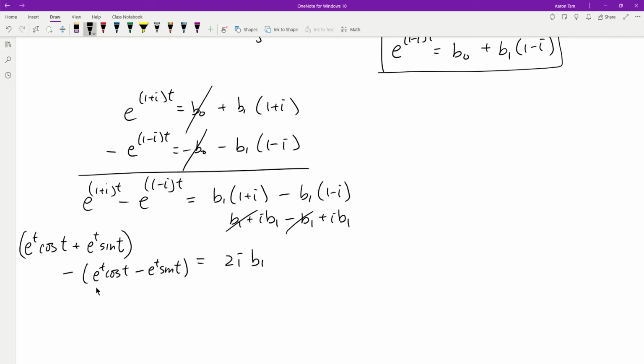The e to the t cosine t just gets cancelled out. Oh, and I forgot the i, because e to the a plus b i t becomes e to the a t cosine t plus e to the a t i sine t.